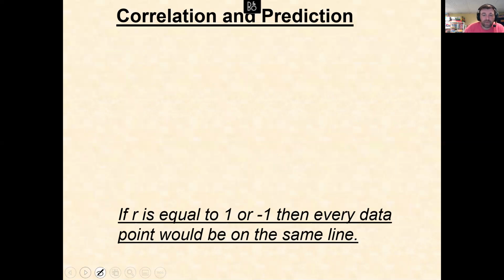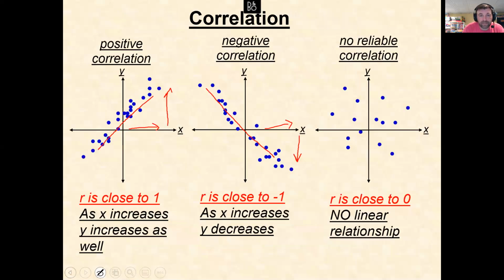Now, in the real world, the stronger your correlation, the more likely it is you'd be able to predict what was going to happen. Doesn't guarantee anything, but if you had a very strong correlation, all the points were on the same line, we would feel pretty confident about our prediction. To go back a slide, if we were looking at this positive correlation, and I said, when X is this value right here, whatever that number is, let's just make it up.